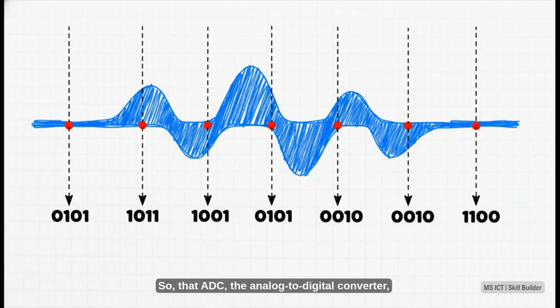So that ADC, the analog to digital converter, is measuring the wave's electrical voltage at incredibly precise, regular moments. Each one of those measurements gets turned into a binary number, a simple string of ones and zeros. It's basically plotting points along that smooth curve and giving each point a numerical value.